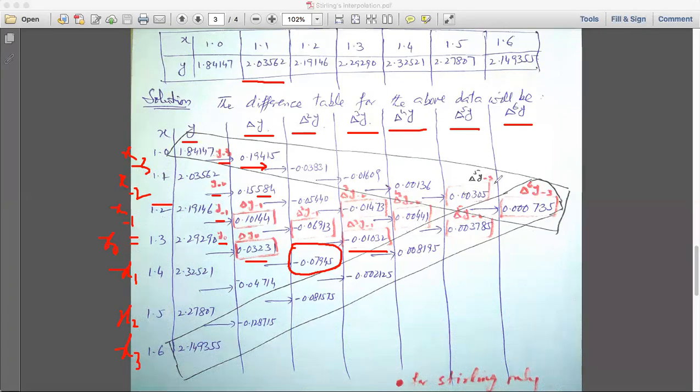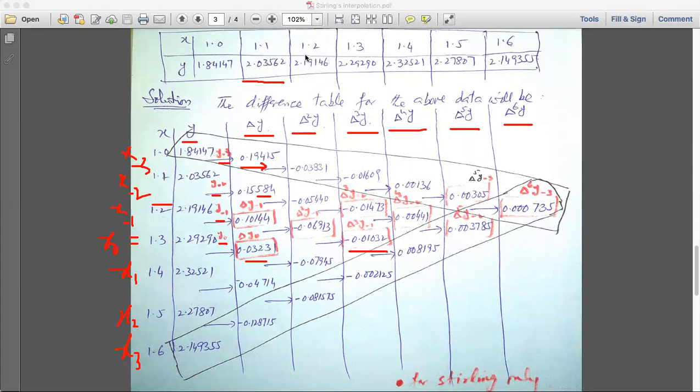And you can see these values are encircled because we will use these values in the formula. ठीक है. ये जितनी भी values जिनको हमने circle किया हुआ है rectangular shape में आपको नजर आ रही हैं, we will use all these values in our formula. Delta raised to power 6 y minus 3 and delta raised to power 5 y minus 3, delta raised to power 5 y minus 2.